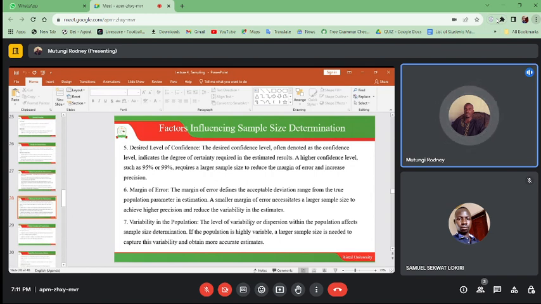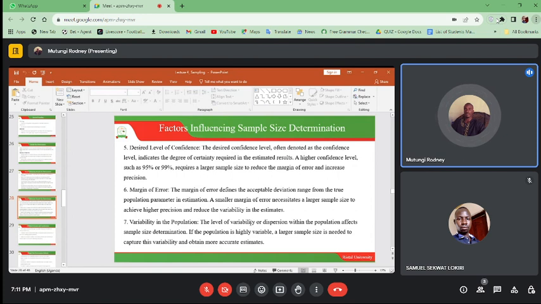Then desired confidence level is also a very important factor. In medical studies or research, the confidence level is always like 99%, while in other social science or community level research, it can be at 95%.